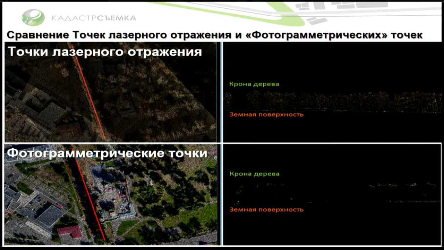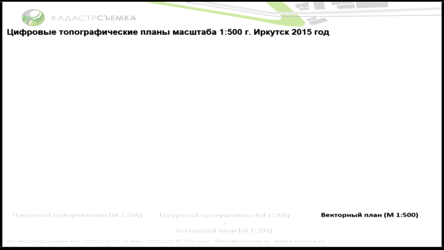In a lot of towns there can be a lot of green areas, so we generate a profile for that area, and we can see that under the canopy we get information in full amount, and with photogrammetric technology this data will not be captured, meaning you'll have to send a team on the ground to do land survey to collect additional points to generate correct orthophoto plan.